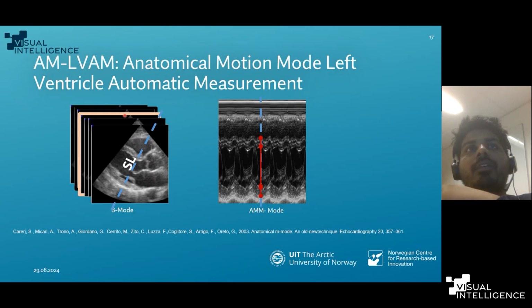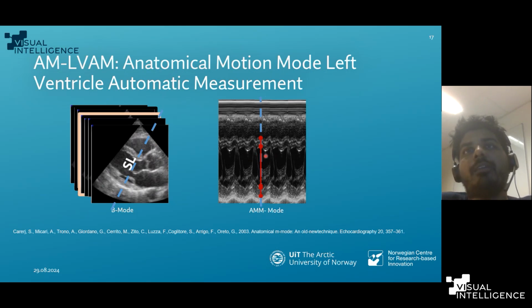And because in a single cycle video we have multiple frames, we utilize the time component and get an image like this, where we change the image space from B mode to motion mode, because this image depends on the motion of the different structures of the heart.